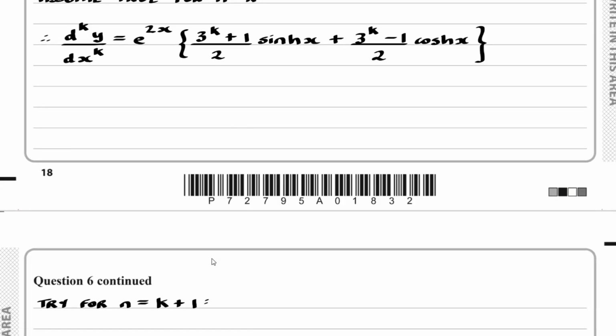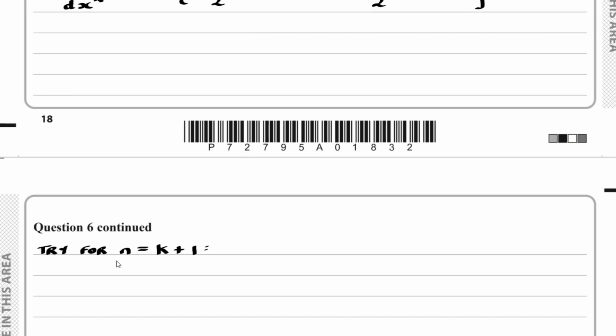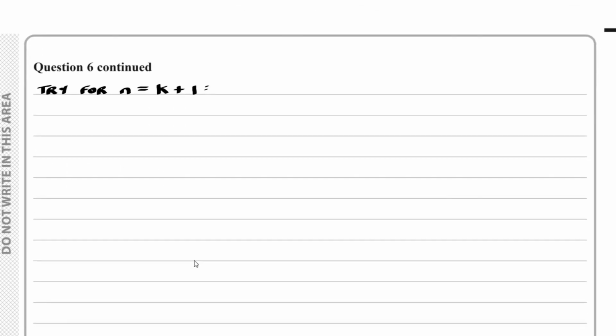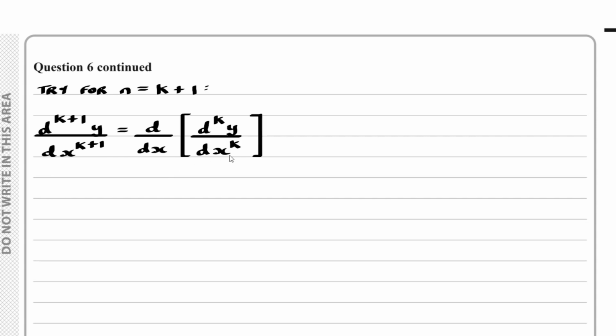So then, our next step is to try to see what happens when n is equal to k plus 1. And when n is equal to k plus 1, we have d^(k+1) y over dx^(k+1). Well, using the laws of indices, that's equal to the derivative of d^k y over dx^k with respect to x.